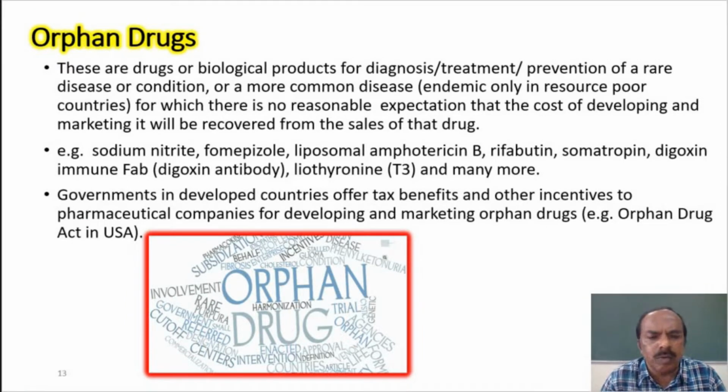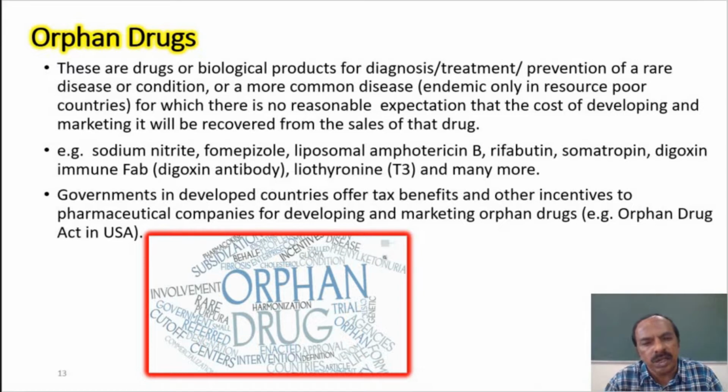There is one more classification of drugs called orphan drugs. Orphan drugs are the drugs which are developed for orphan diseases. The diseases that are not very common, the diseases that are there in only a small number of people. So these are drugs or biological products, or also diagnostic kits that are used in the treatment and prevention of rare diseases, more uncommon diseases.